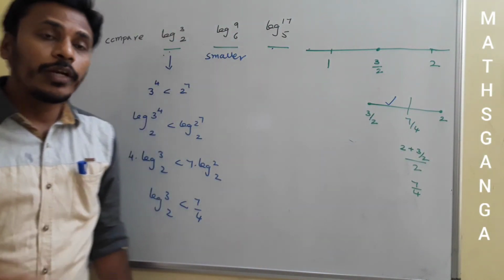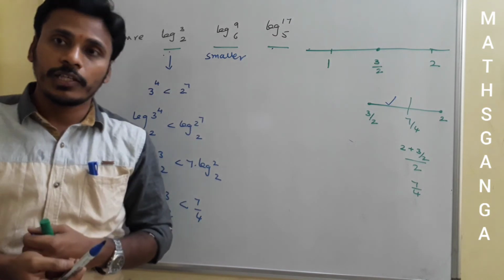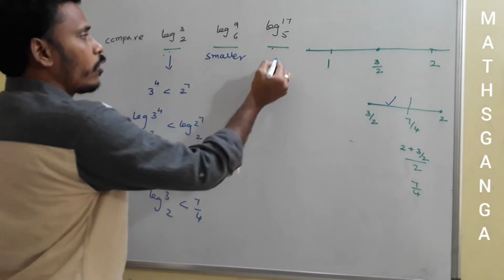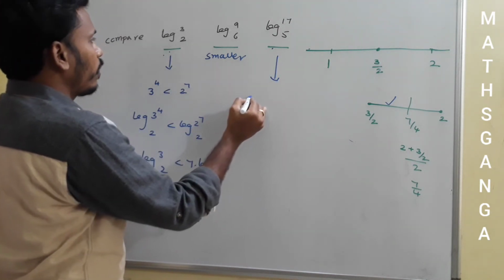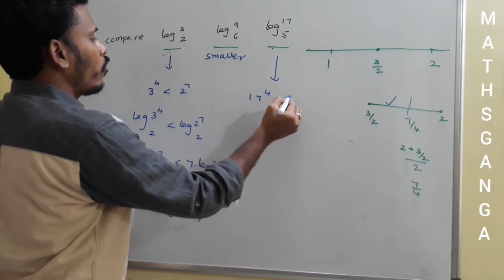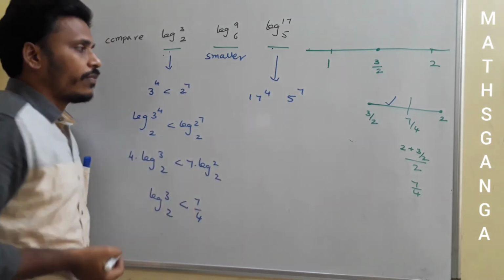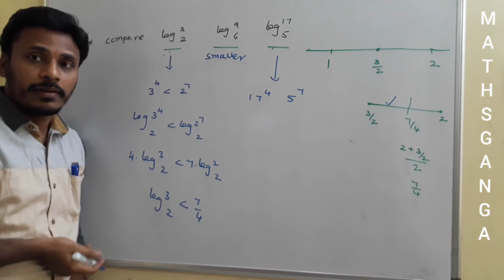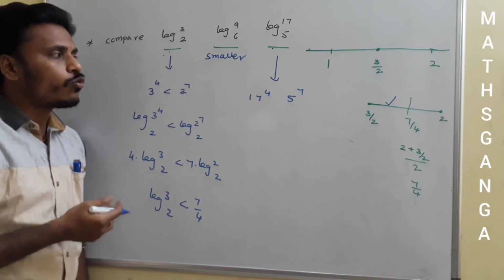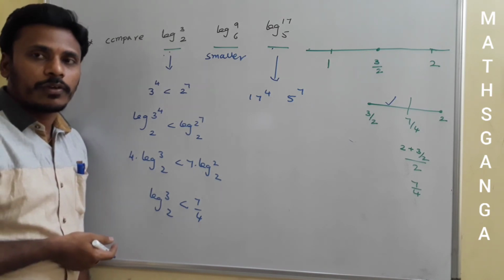Okay. And then you need to think about where this logarithm of 17 base 5 is located. For that, you need to compare 17 power 4 and 5 power 7.